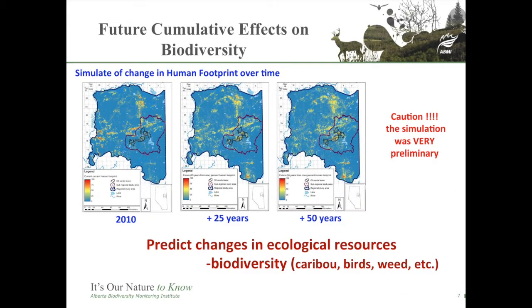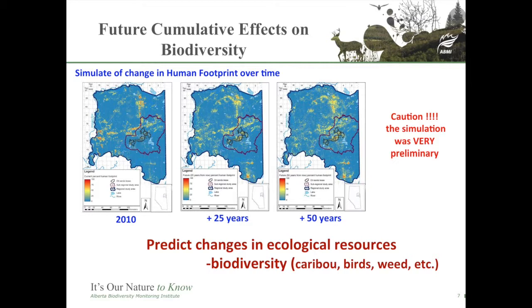What we also did in the pilot, and this is really a very coarse evaluation, is that we didn't have the time or the resources to do a really good prediction or evaluation of what human footprint would look like in the future, 25 or 50 years in the future. But we said, if we could develop scenarios, and this is a real scenario, it says the status quo rolled out 25 years and 50 years in the future, coarsely.